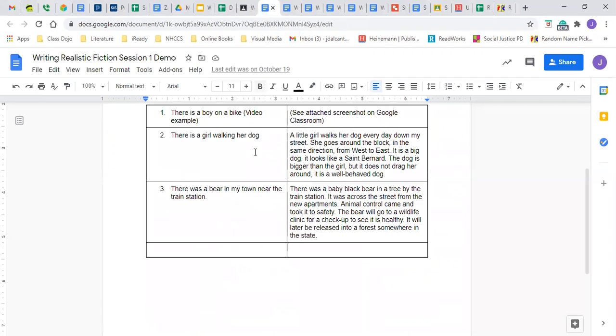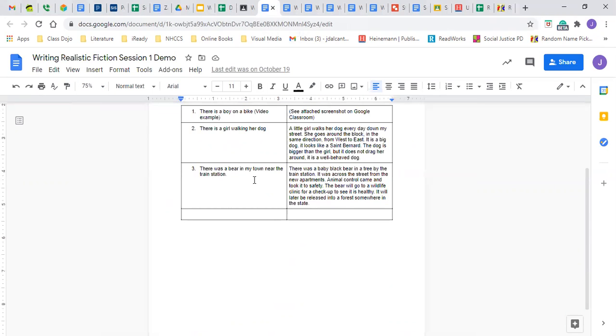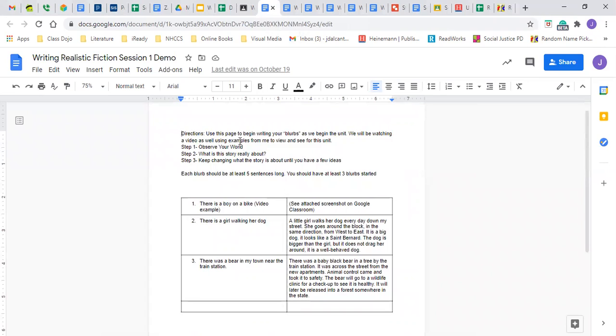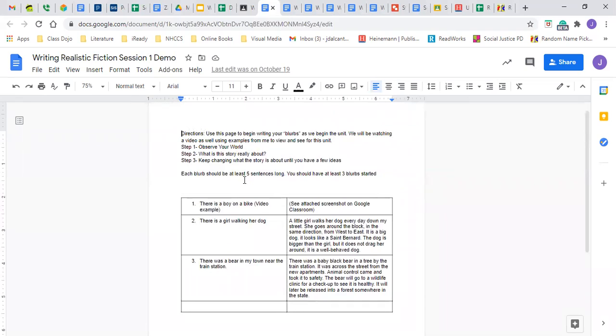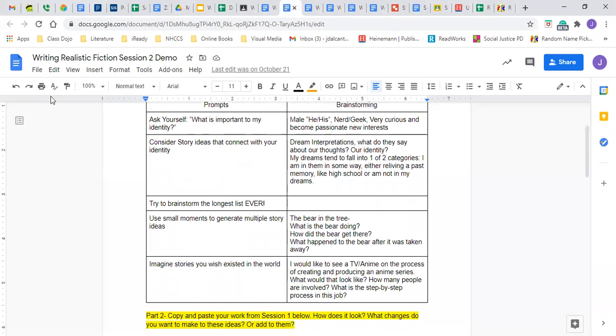Here is session one. This is the teacher example that I made. I'm going to zoom out a bit so you can get a full look at it. Here are the directions. When this unit started, students were to pick 3 ideas. We called them blurbs that were going to get turned into a short story. Here was the next session, session 2.